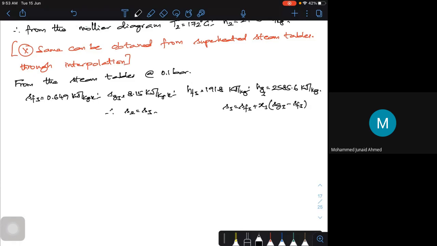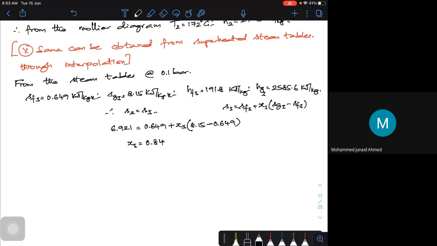So 6.921 is equal to 0.649 plus X3 into 8.15 minus 0.649. If I substitute everything, I am getting X3 around 0.836 or 84 percent.